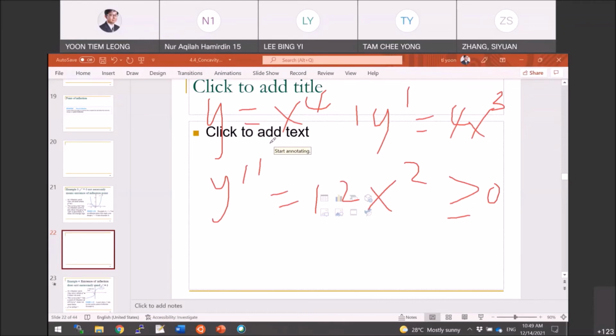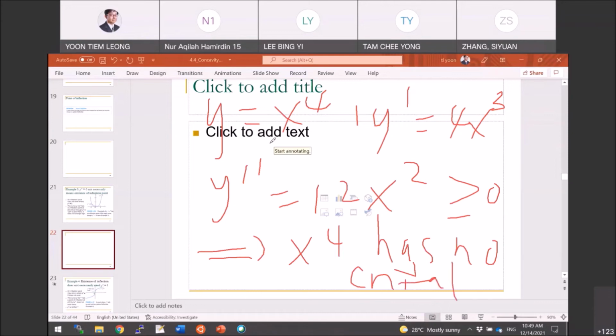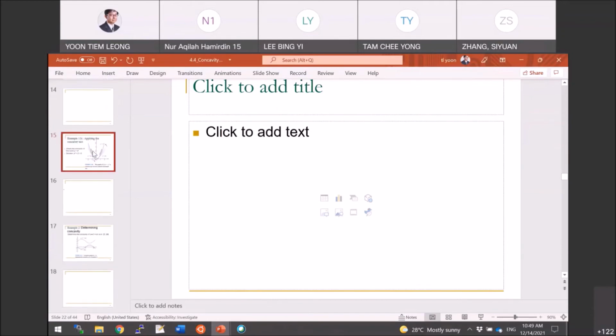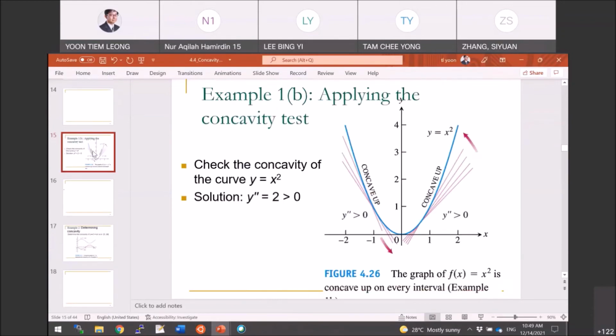So it means the function of x power 4 has no critical, has no inflection point, not critical point. It has no inflection point. IP stands for inflection point. So this is very similar to these situations. This is the situation of y equals x squared, where the y prime prime is always positive.